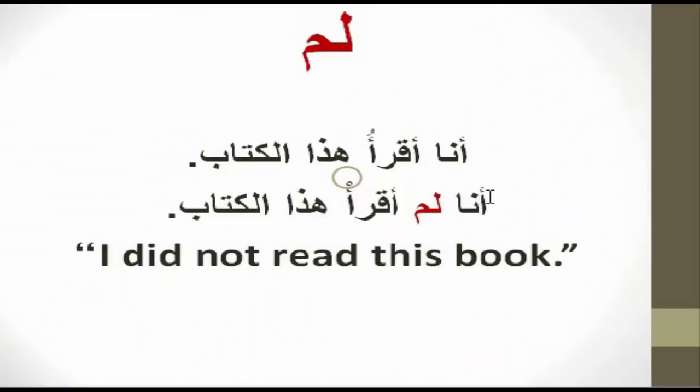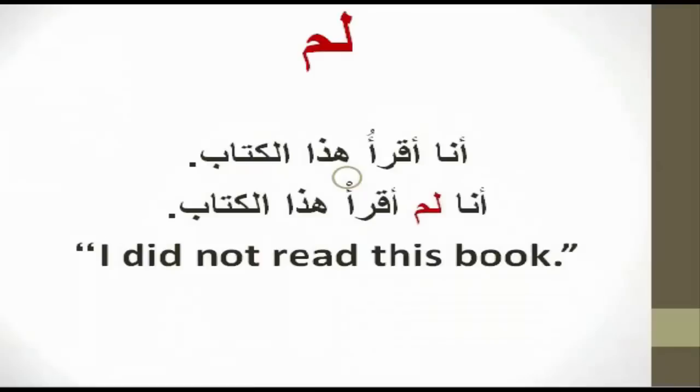To make it negative by using lam, first you have to add lam before the present tense verb, and there is another change. Instead of dhamma, you have to put sukun. So it becomes أنا لم أقرأ هذا الكتاب, which means I did not read this book.